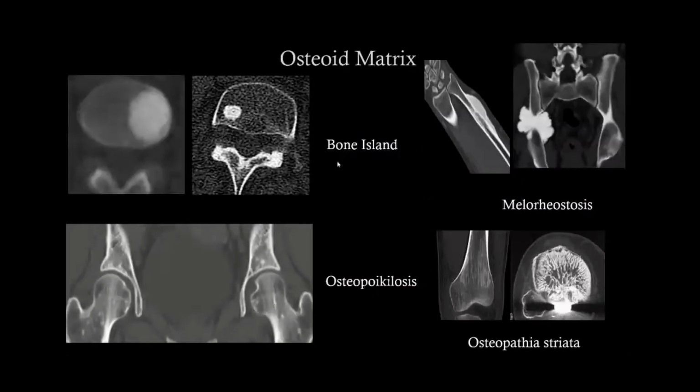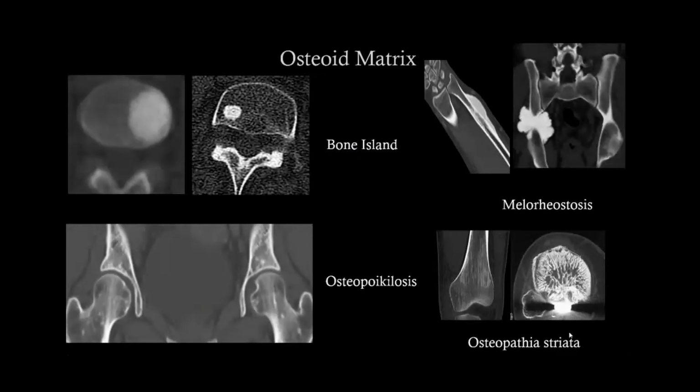Here is an example for the osteoid matrix: this is a bone island, osteopoikilosis, multiple bone islands not sparing the epiphysis, which is one of my differentiating points from sclerotic metastases, which favor the vascular regions, metaphysis and diaphysis, rather than the epiphysis.